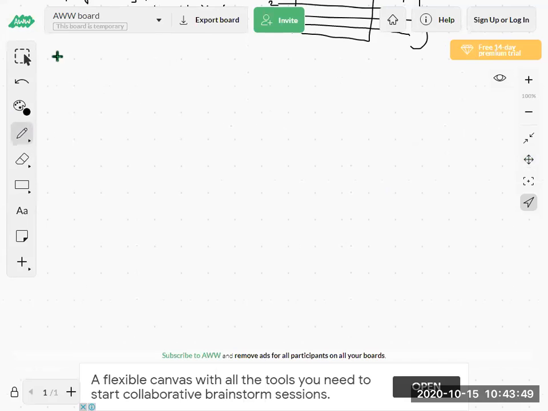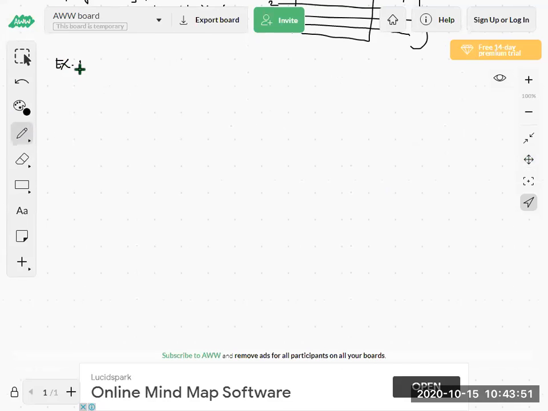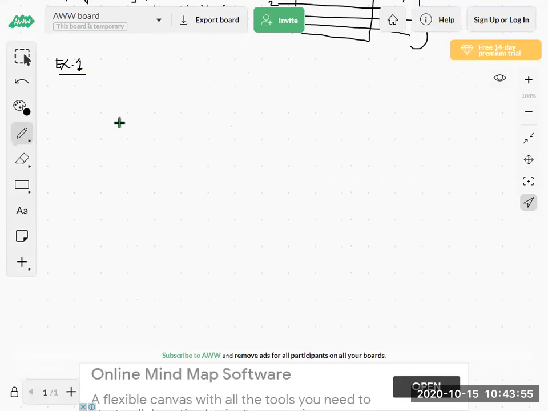Okay, we will see example number 1 on the number of photographs.